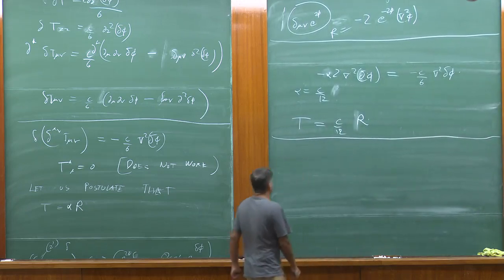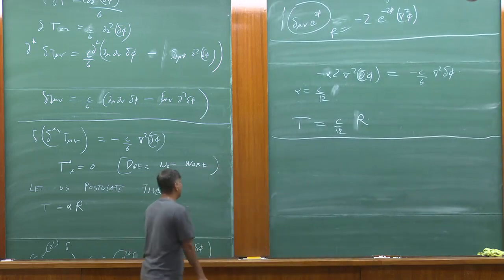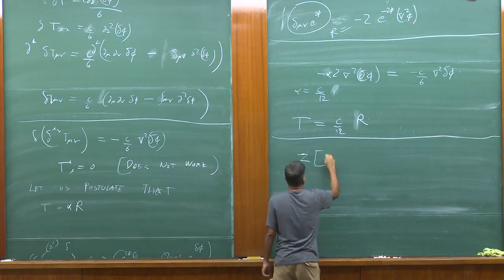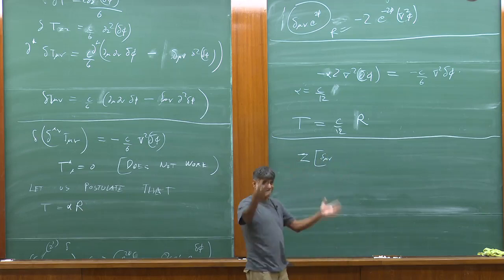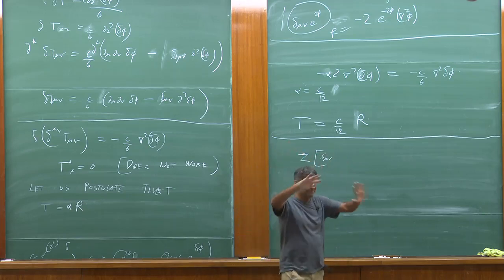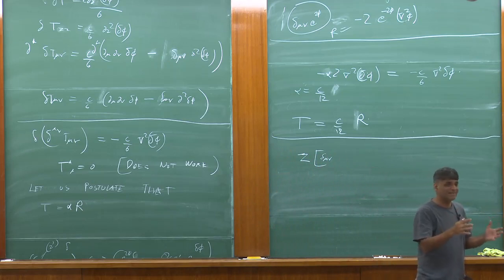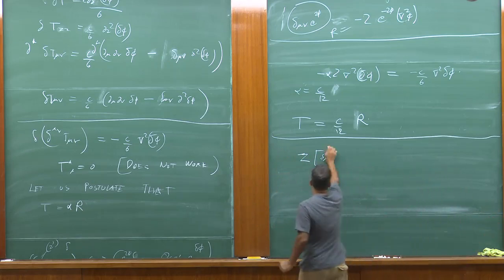Okay. Suppose I have Z of delta mu nu, the partition function of the theory. I'm saying delta mu nu, but it doesn't matter. Let's call it G naught.